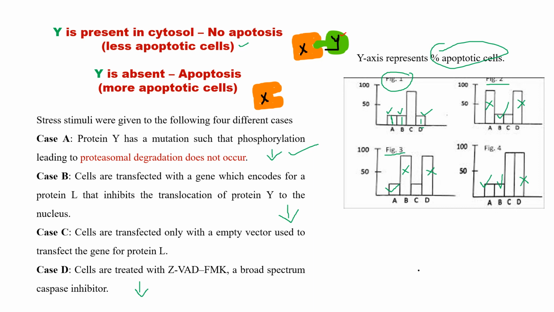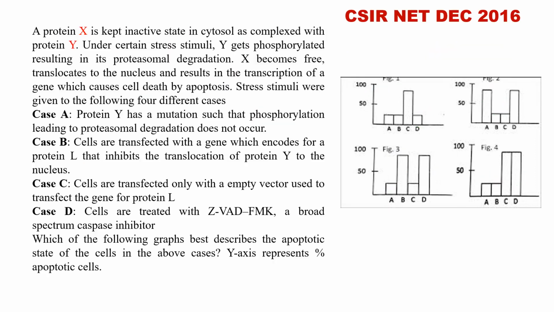Even though we are not sure about case C, we can conclude that figure 1 is correct because cases A, B and D are correct only in this graph. So the correct graph is figure 1. So the answer is figure 1.